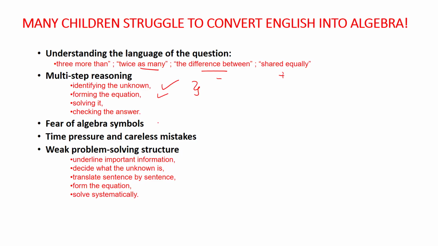Also, there is fear of algebra symbols, like dealing with unknowns, which are represented by any letters from A to Z. Getting used to using these letters instead of numbers is sometimes confusing for students. And of course, 11 plus exams are designed so that you have to work under a certain time limit, and time gives you that pressurized feeling that you have to complete a certain task in a certain time.